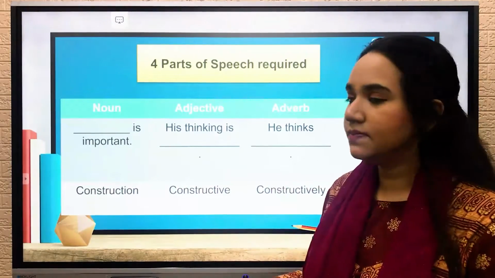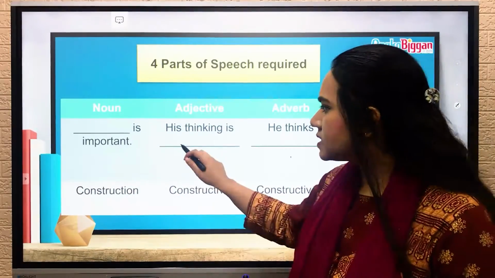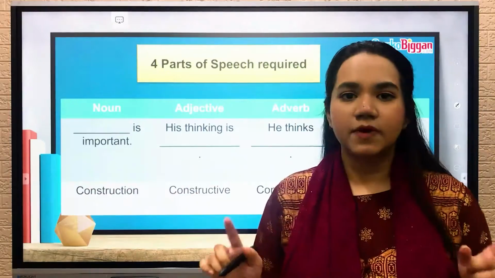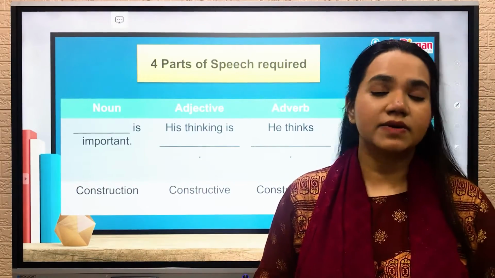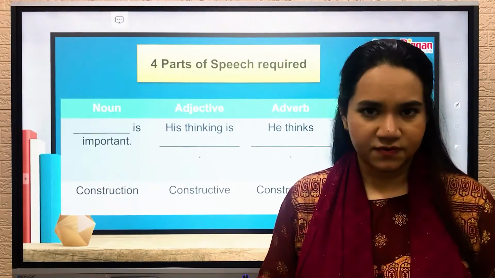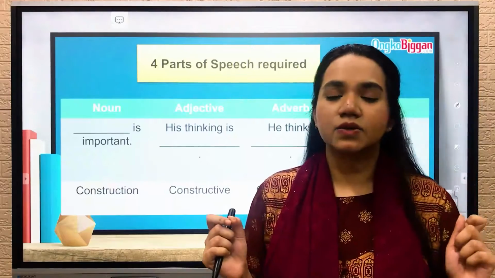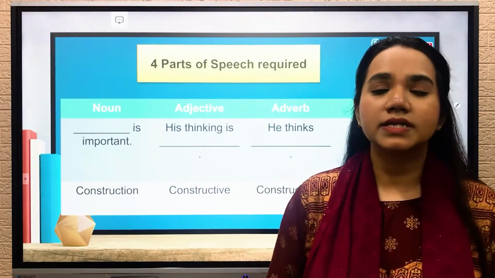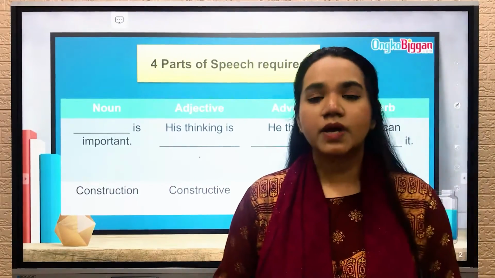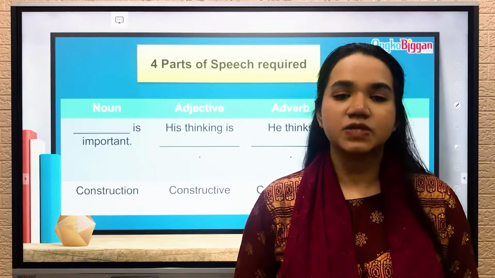So at first, let's see, dash is important. Let's say in this particular sentence, in brackets there was the word construct. Construct in itself is a verb, we know, but if it is given in brackets, it's not necessary that you have to use this particular word in the clue as a verb. You can use this word in the gap with whatever part of speech you need.